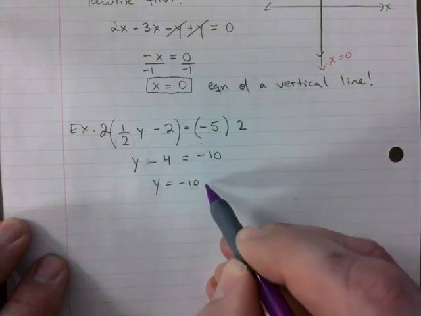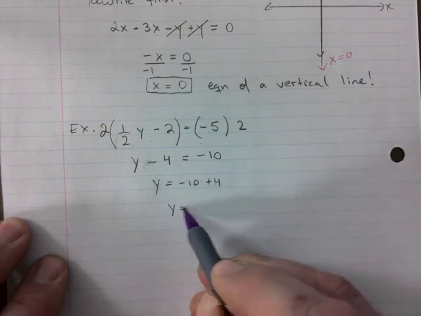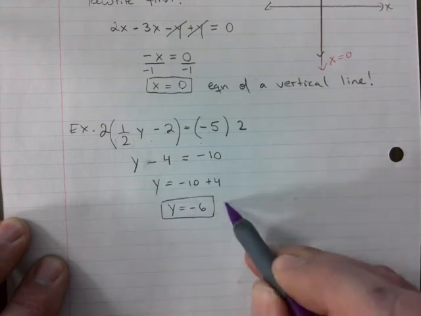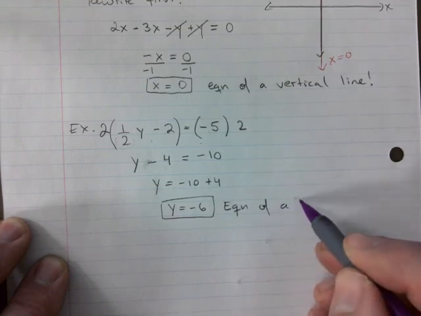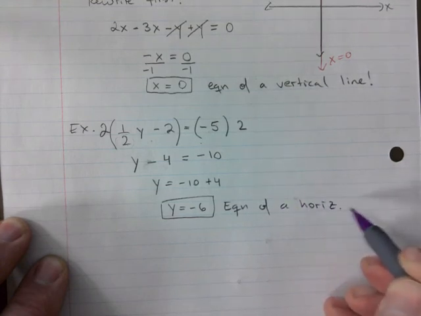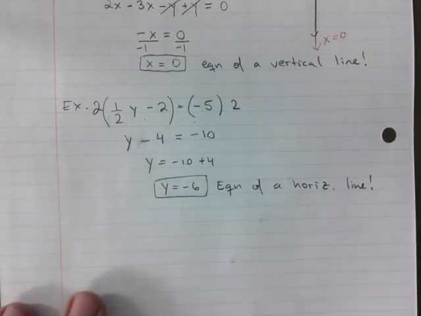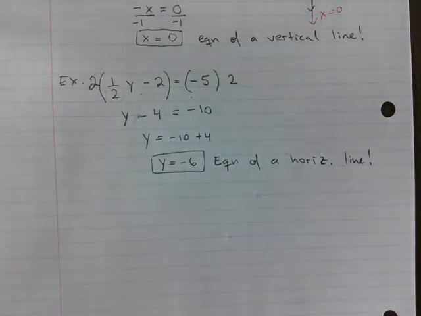The 4 comes over adding. And so y is equal to negative 6. Okay. This is the equation of a horizontal line. You didn't find the intercept or anything like that. All you did is you rearranged it until you get to this point and you're like, oh, wait a minute, this is just a horizontal line.